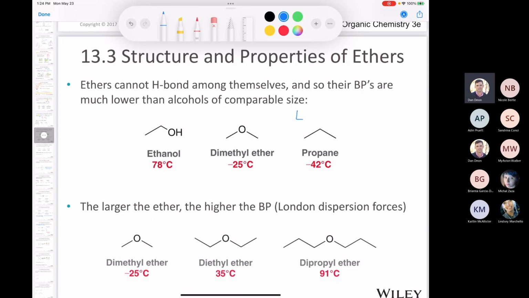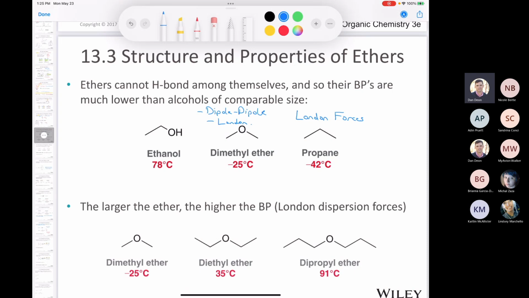So the only intermolecular forces experienced between molecules of propane are London forces, and that's why it's got such a low boiling point. However, once you get up to dimethyl ether, because it does have a dipole, dimethyl ether experiences dipole-dipole forces, and it also, of course, experiences London forces, which everything does. And that's why the boiling point is increased.